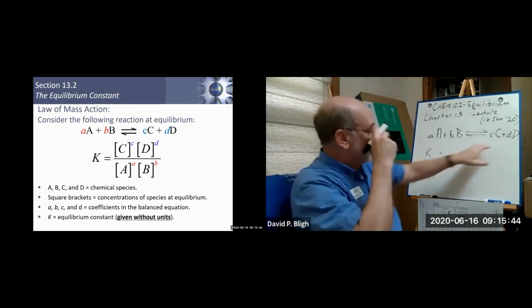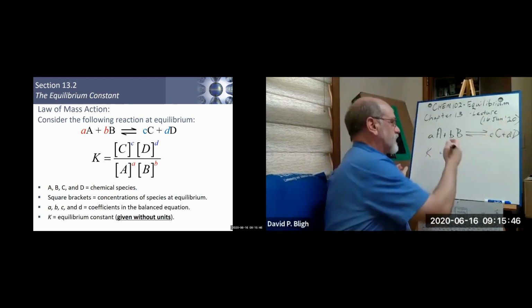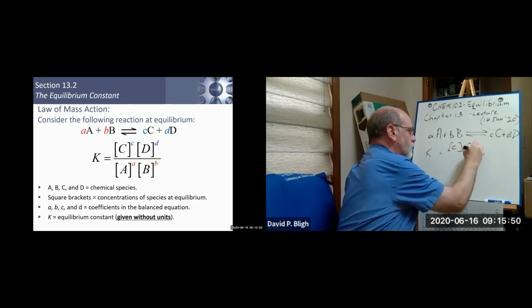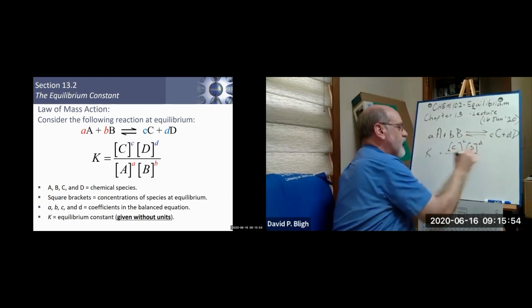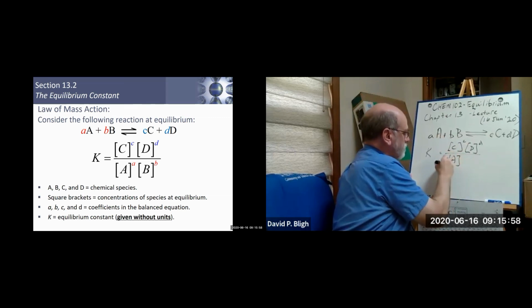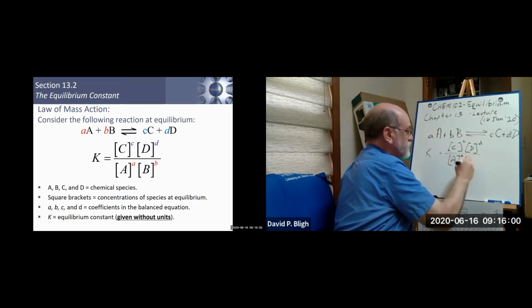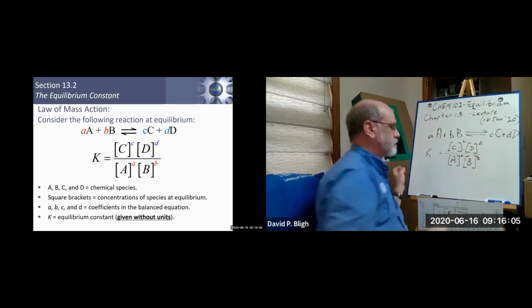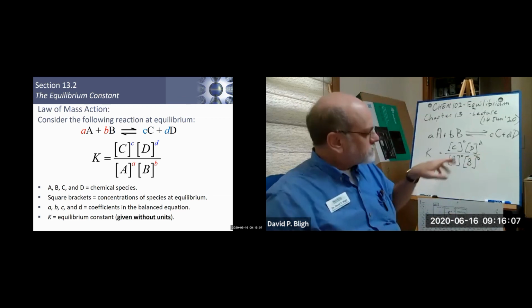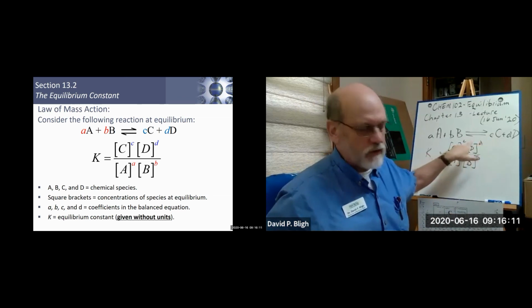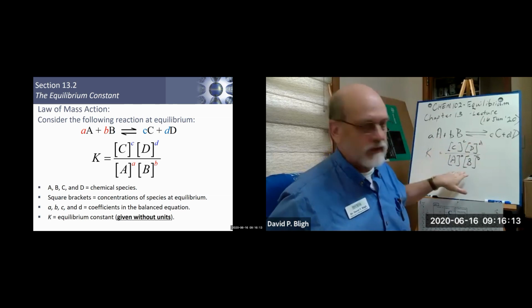is equal to the product expression raised to each power divided by the reactant expression raised to its respective coefficient power. Notice that the product is in the numerator and the reactants are in the denominator.